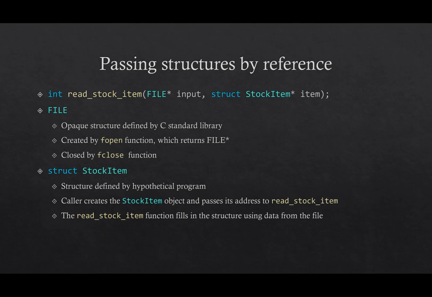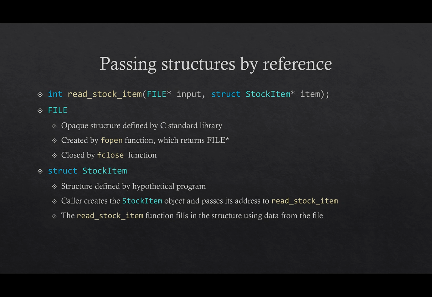All right, other objects or values can be passed to functions in addition to arrays. Here I'm not going to show any code exactly, but I'll give you an example of a hypothetical function that reads some sort of record from a file and fills in a structure with the data from that file. Here at the beginning we see the declaration of what such a function might look like.